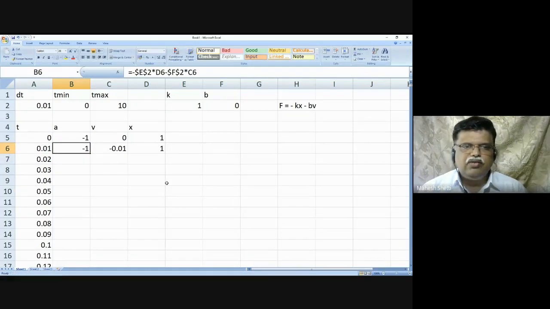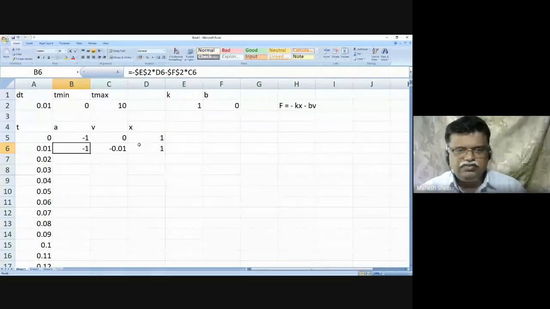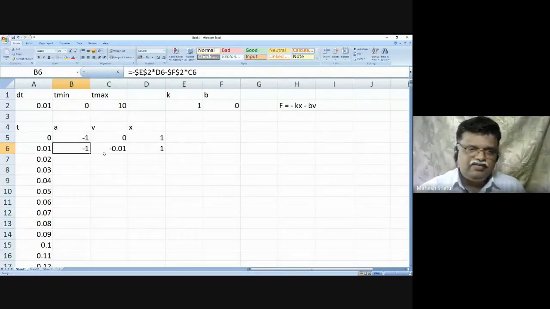Here again, see what is happening. It is minus $E$2, which is minus k, and now I'm talking about D6 and C6, which are the present value of x and the present value of v. So when I'm calculating the new velocity, I'm taking the old value of acceleration, meaning the value at the beginning of the time interval.